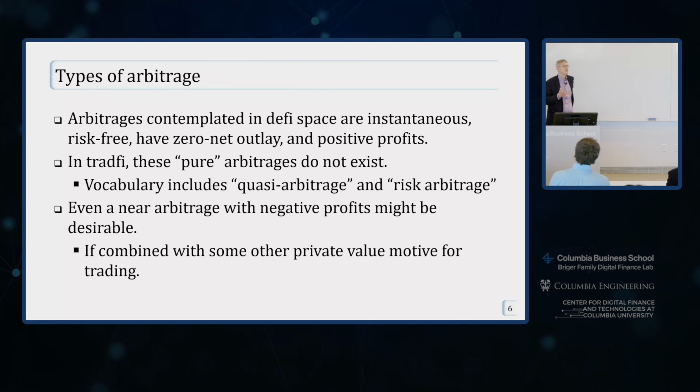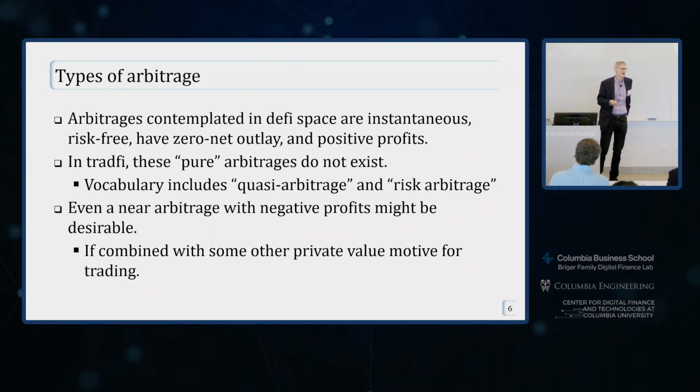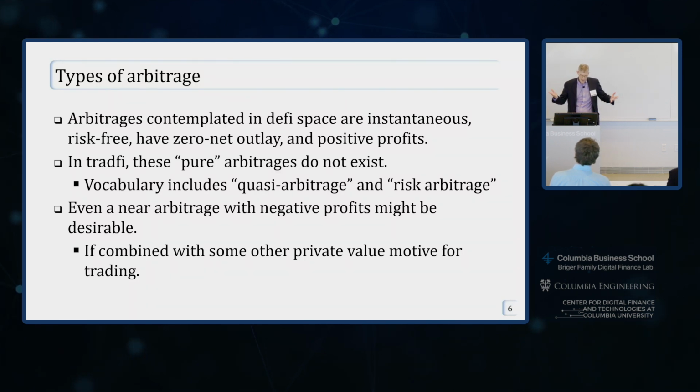So often, the terminology will reflect this. Quasi-arbitrages, risk arbitrage, which might strike you as a contradiction in terms, but even does an arbitrage have to have positive profit? Well, not always, if one part of it is going to have a private value.